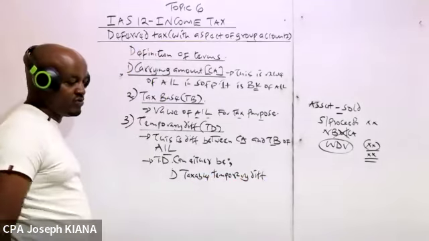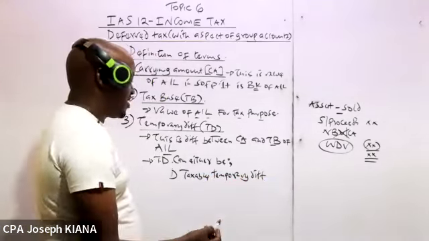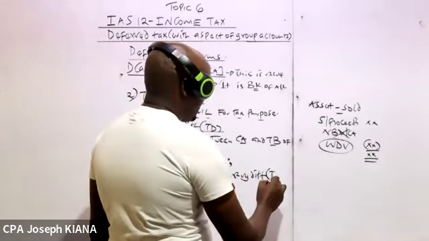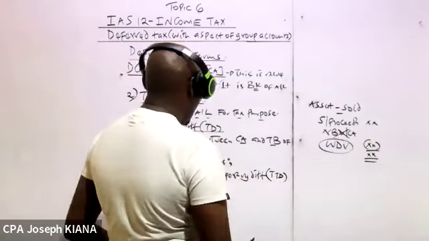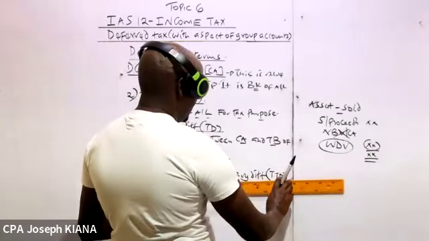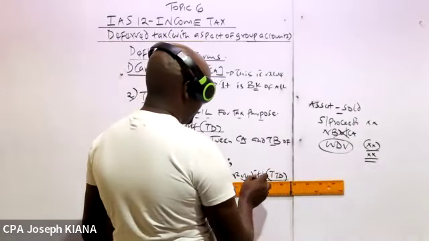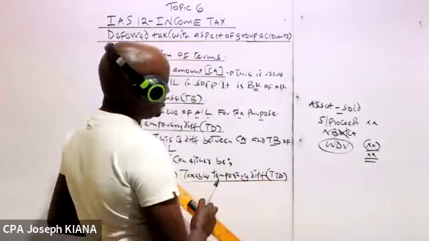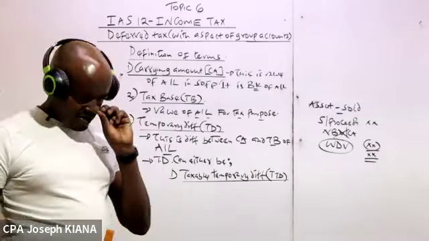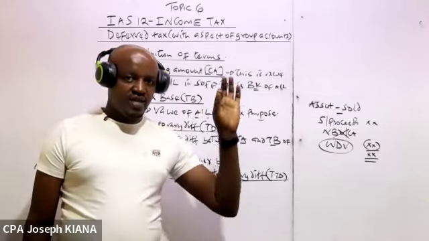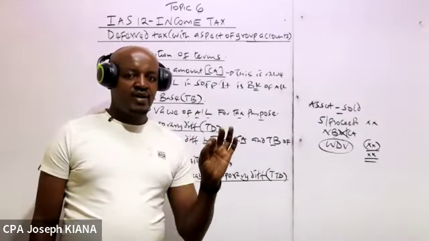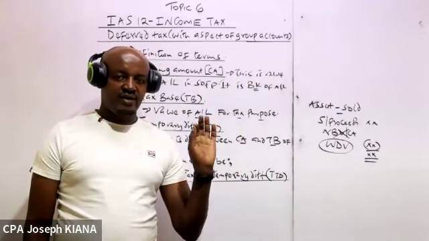Before I move to number two, let me first explain what we mean by taxable temporary difference, abbreviated as TTD. A taxable temporary difference is a temporary difference which gives rise to an amount which will be taxed in the future once the company sells an asset.